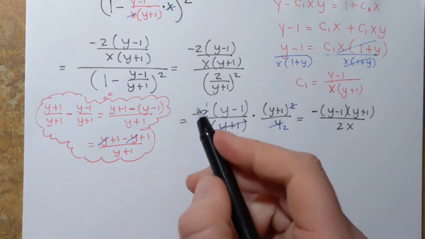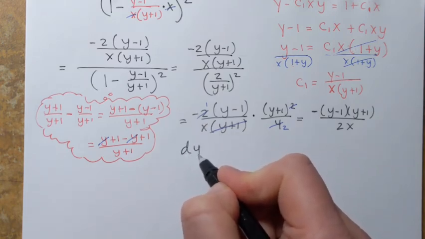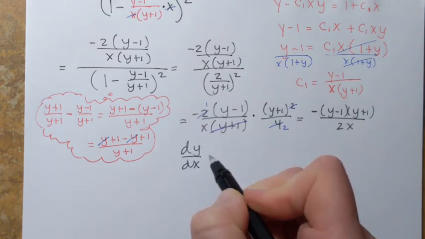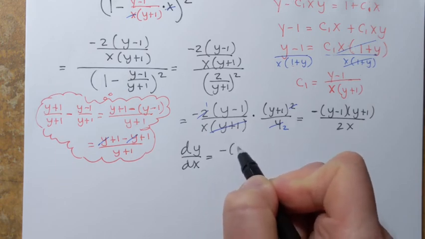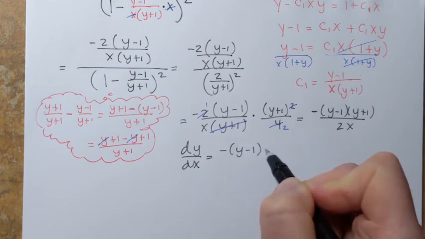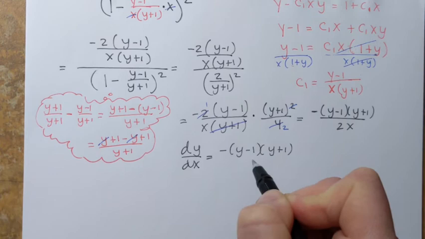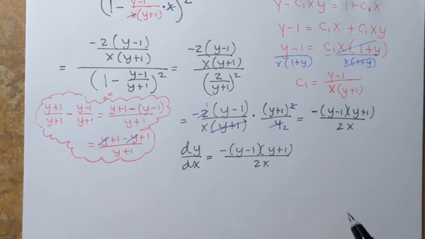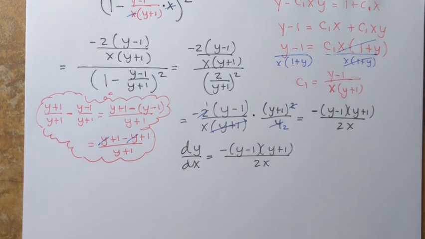So here's that differential equation for our family of curves, negative (y minus 1)(y plus 1) over 2x. Now, once we obtain this, we're going to obtain the differential equation for that other family of curves, the one that represents orthogonal trajectories.